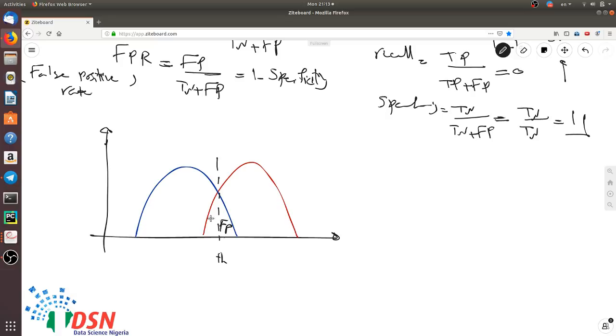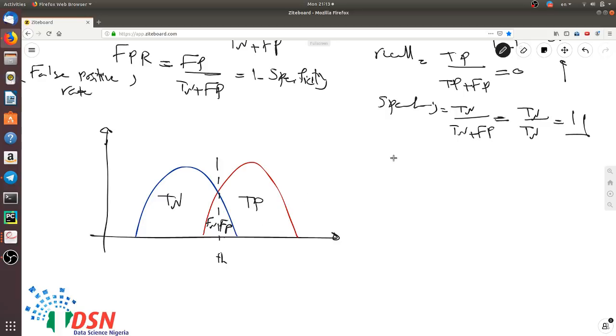Similarly, here we have false negatives, and here we have true positives and true negatives, right? So now we can get some intuition about what is true positive, false positive, false negative, and true negative.